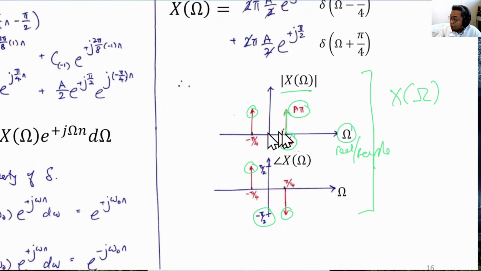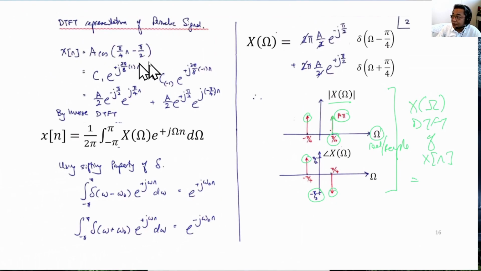It is continuous, and because this is a continuous function, to represent something at that particular frequency, we are using the delta function. Okay, and so this is the DTFT of the periodic signal x[n], and x[n] of course is our cosine over here. Okay, that's it.